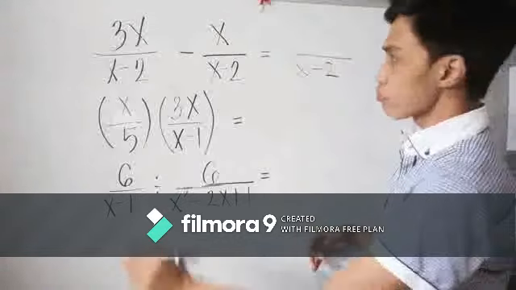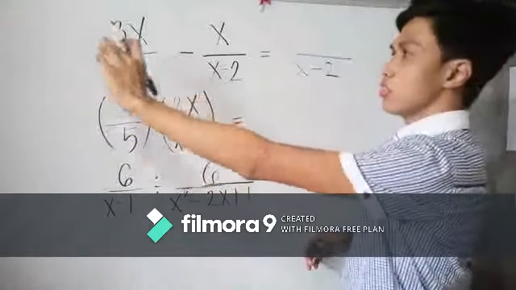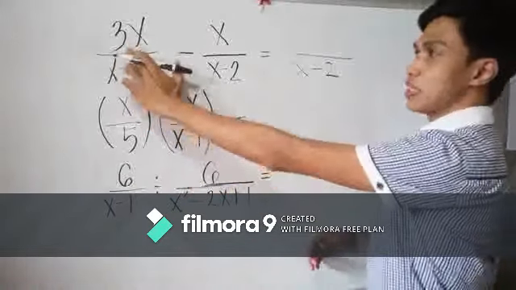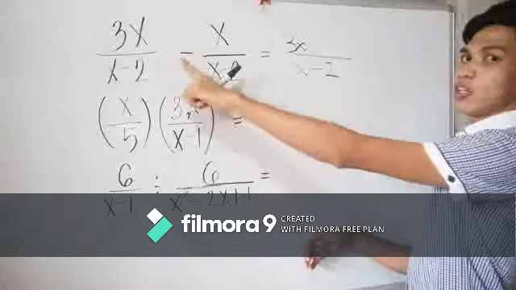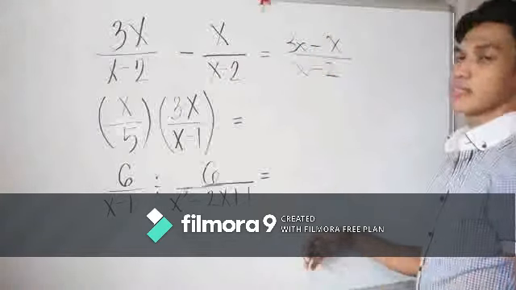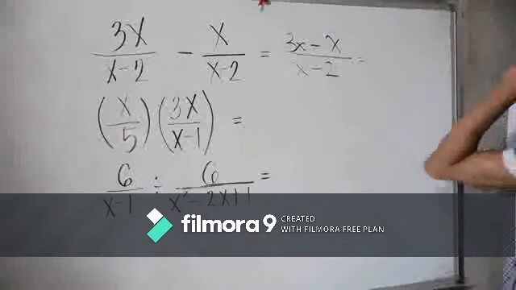Next, for the numerator, we copy 3x, then the operation to be used, subtraction, minus x.